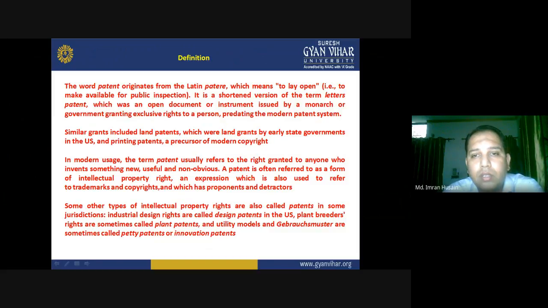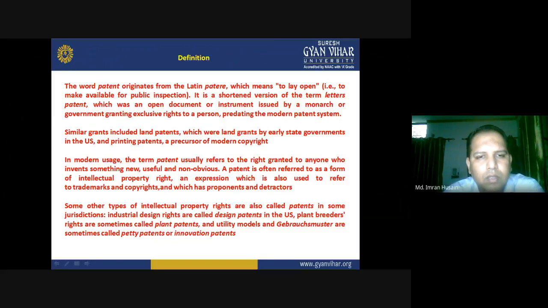It is a shortened version of the term letters patent, which was an open document or instrument issued by a monarch or government granting exclusive rights to a person, predating the modern patent system. So the system of patent is very old, and earlier it used to be an open document, and the monarch or government used to provide a person some rights according to his or her invention.